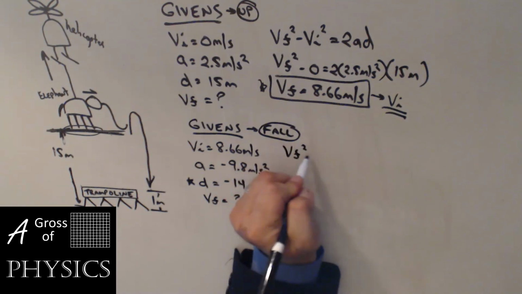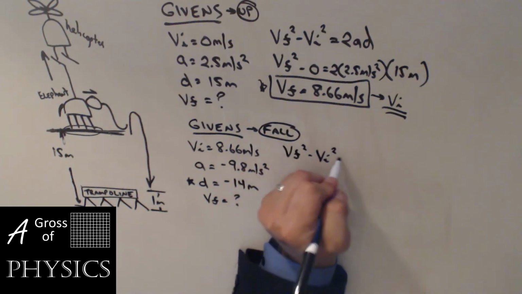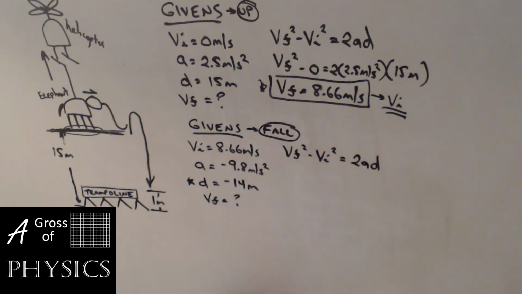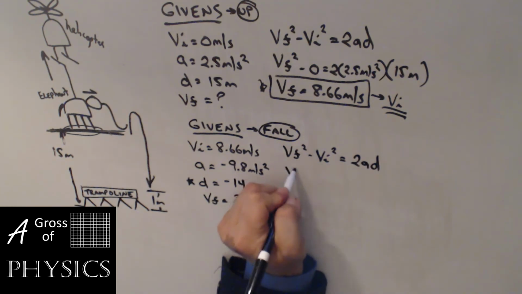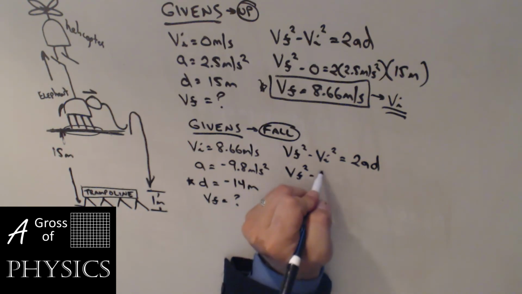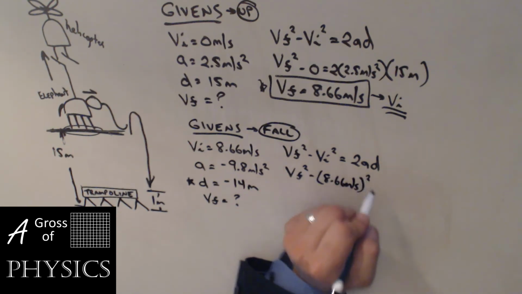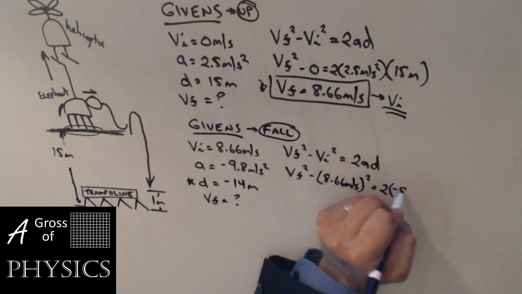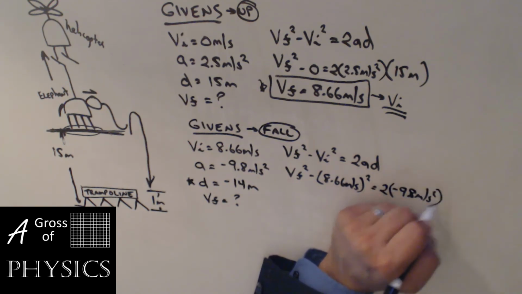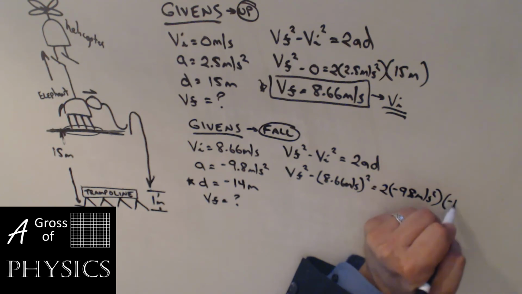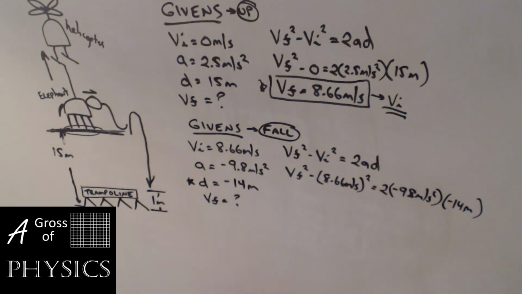And alternately, the equation we're using is identical as well. We're looking for VF. Now, the VI is 8.66, so we have to put that in, to negative 9.8, and that's times negative 14. So the signs are going to be our biggest concern for this problem.